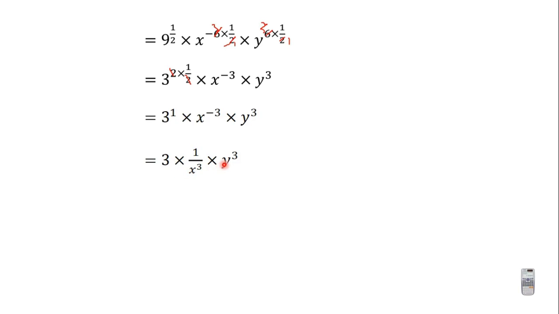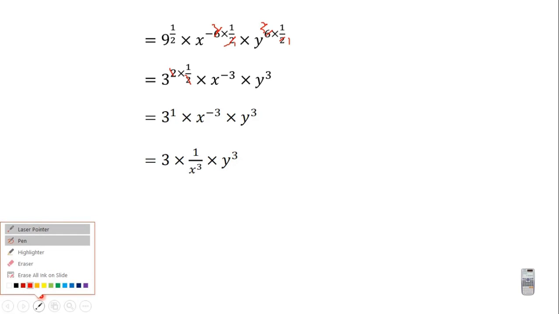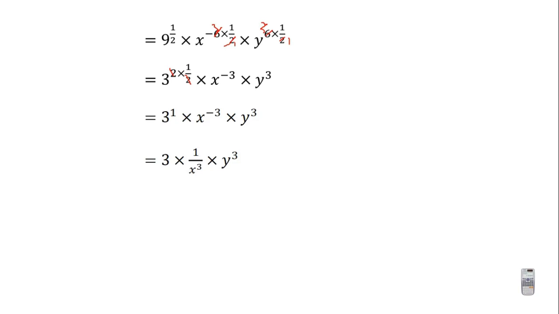times y exponent 3. We know from fractions that any number that stands alone is divided by 1. So 3 here is 3 divided by 1. And in the same way, y here is y divided by 1. So we are going to multiply the numerators and we multiply the denominators. So we have 3 times 1 times y exponent 3.